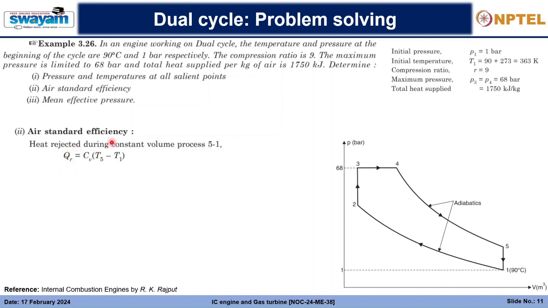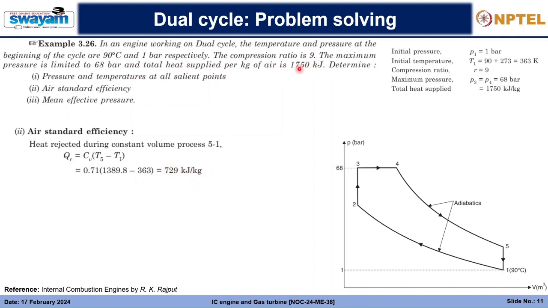So QR, heat rejected during the constant volume process 5 to 1, is CV into T5 minus T1, right? Constant volume, so use CV, the specific heat at constant volume, and the delta T is T5 minus T1. Accordingly, you will have the heat rejected value as 729 kilojoule per kg.